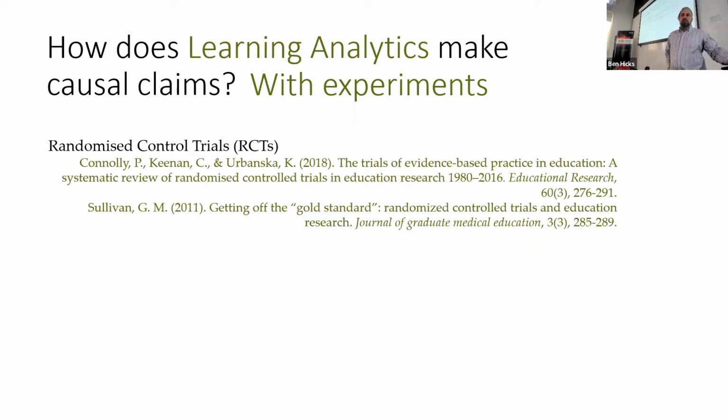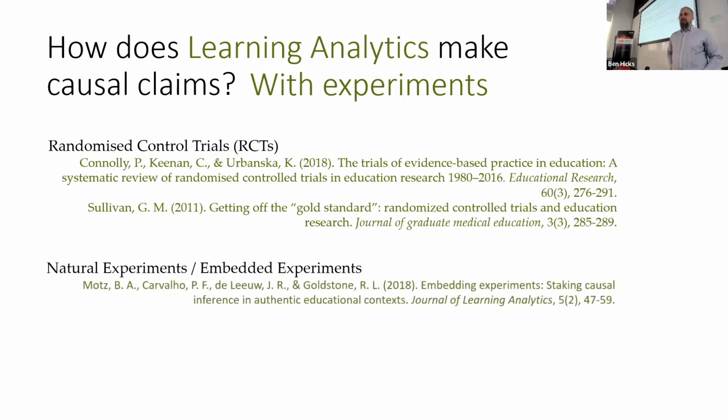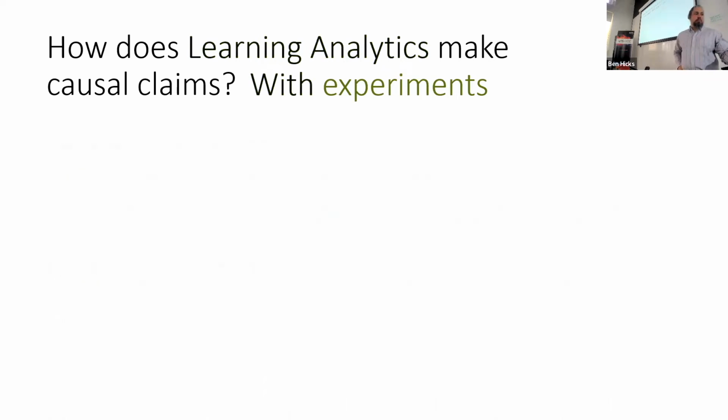These can sometimes be snuck in to existing systems with embedded experiments, and they can also occur naturally, where maybe we accidentally only send the email to half of our students that was meant to be part of an intervention. We might have a naturally occurring randomised controlled trial. Now, these are good.